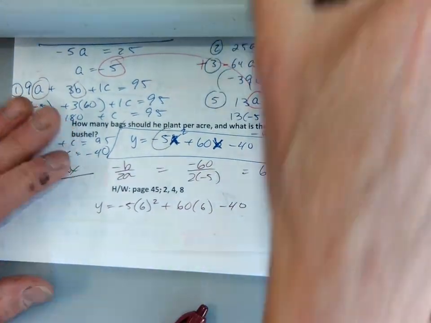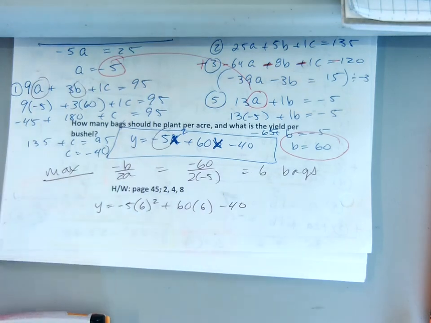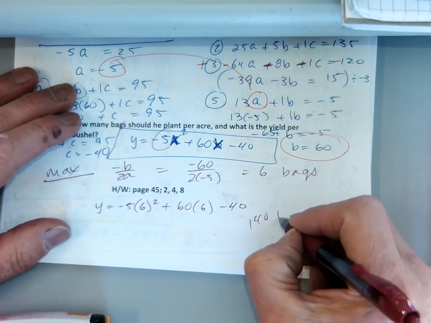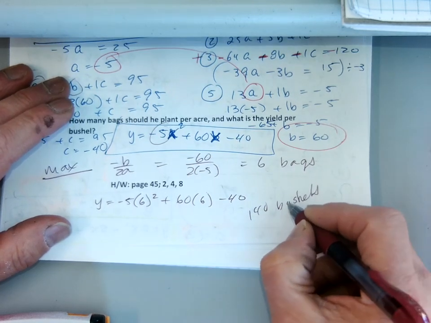I'm going to use my calculator. I would yield about 140 bushels per acre. I'm not sure what a bushel is.